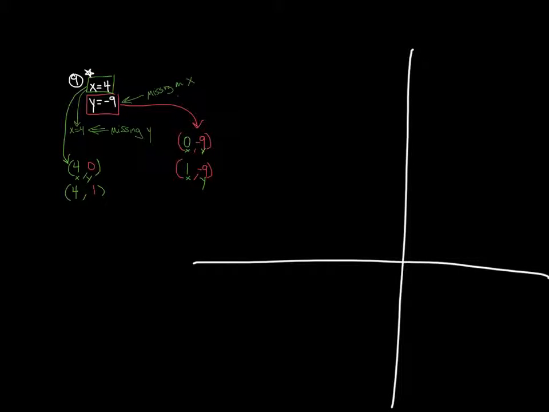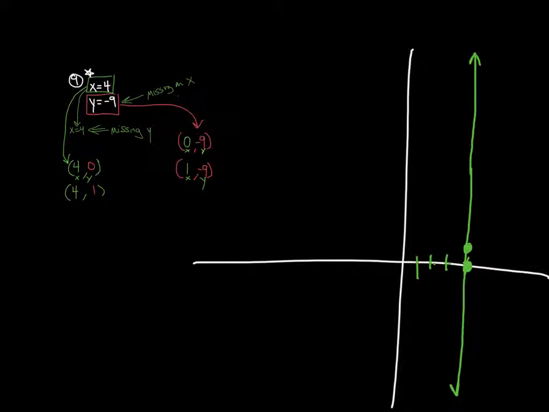Okay, so for the green one, the x equals 4. We know we got 4, 0, so 1, 2, 3, 4, and then 0, so that's that point. And the other one we got 4, 1, so over 4, 1, 2, 3, 4, and then up 1. So that graph's going to be a vertical line.